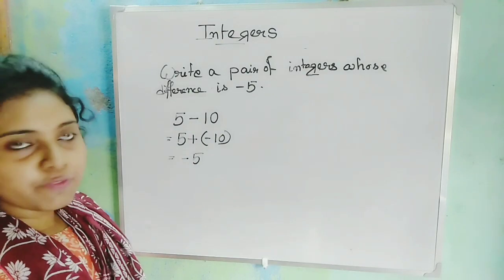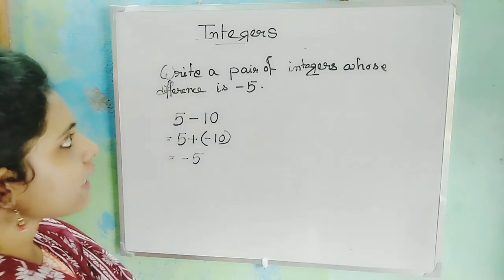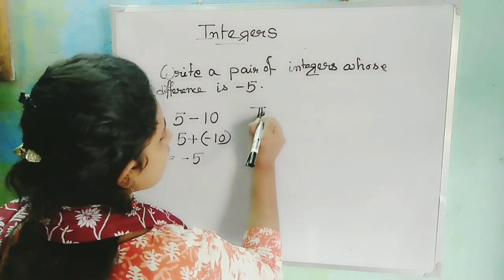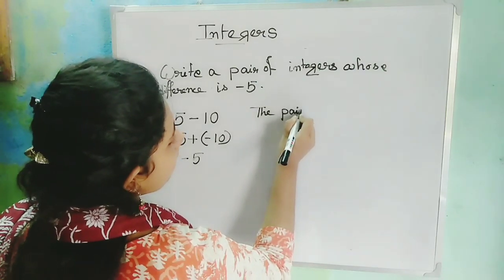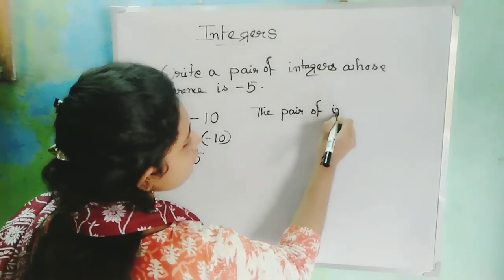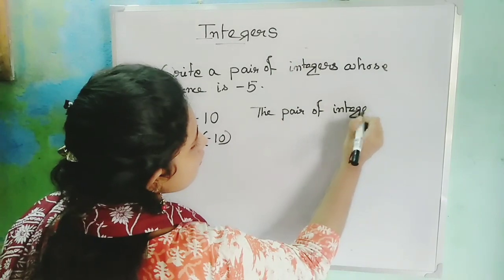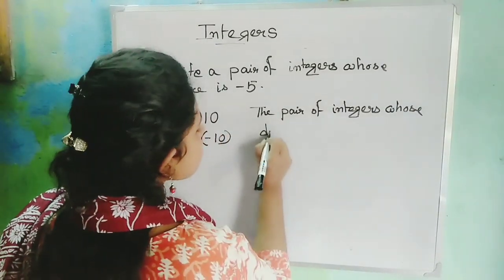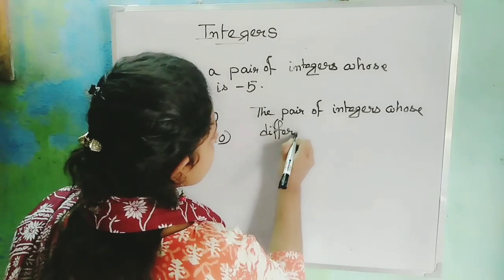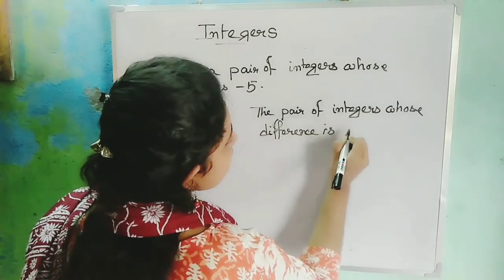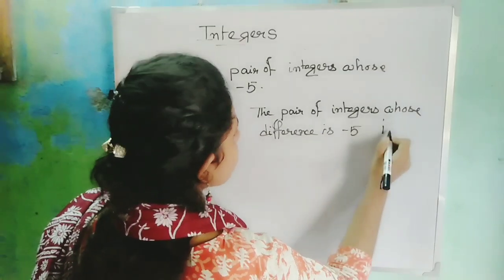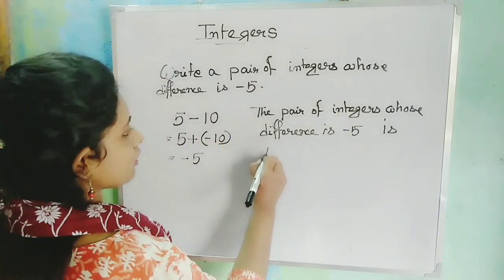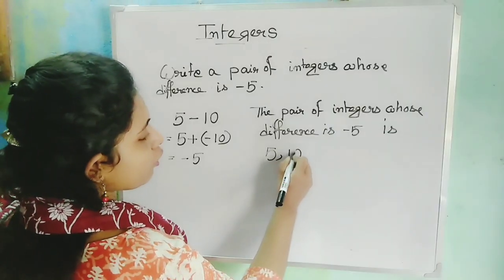So, minus 5. So, we can say that the pair of integers whose difference is minus 5 is 5, 10.